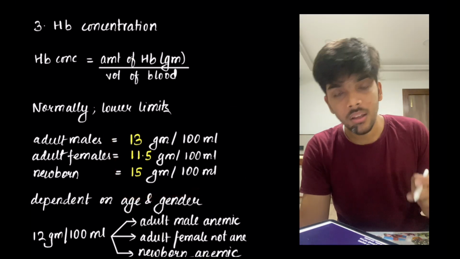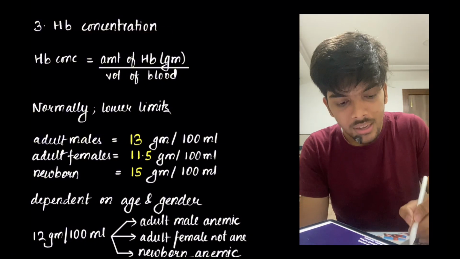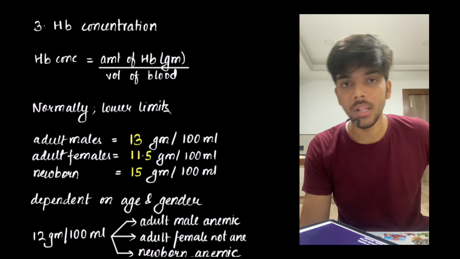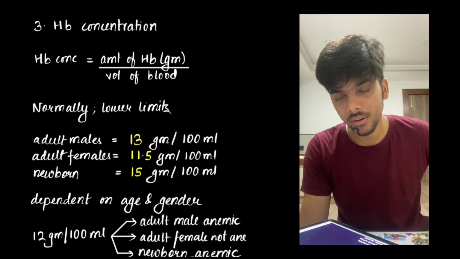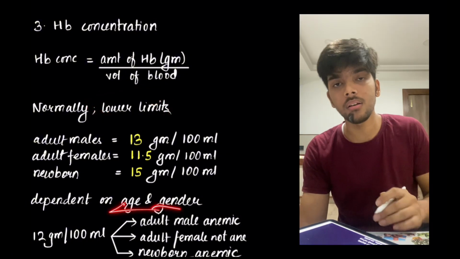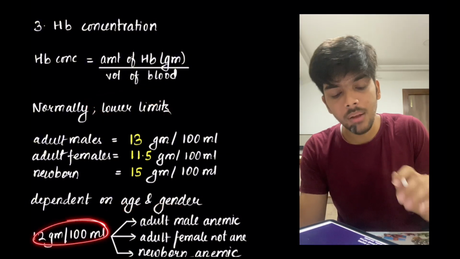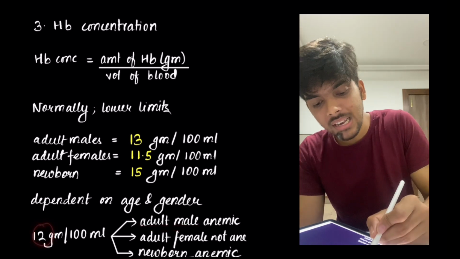Okay, I said that the hemoglobin concentration of the blood that I have just drawn is 12 gram per 100 ml. So can you say whether the person is anemic or not? No, you can't. The reason being the lower limit differs as per age and gender. So you have taken 12 gram per 100 ml, right? For adult male, 12 is less than 13.